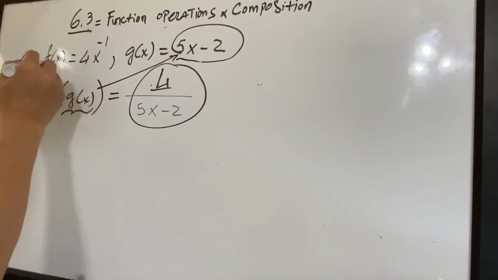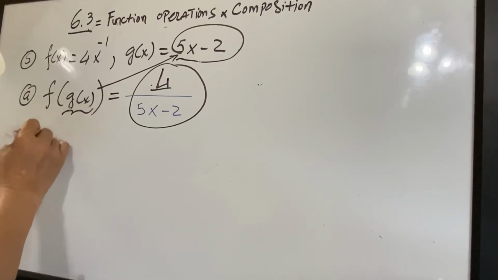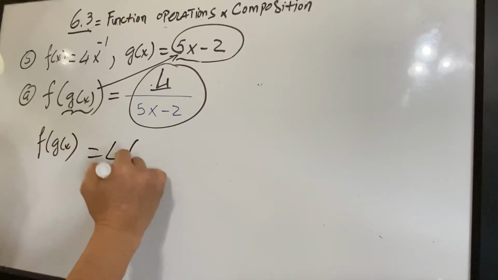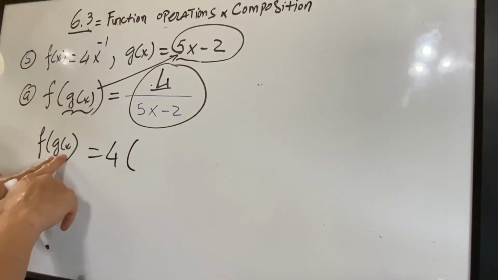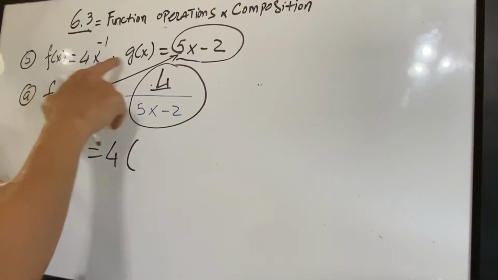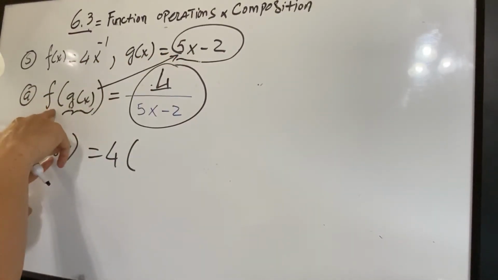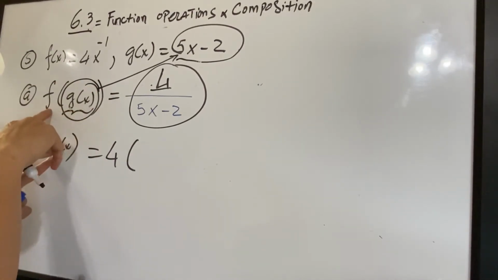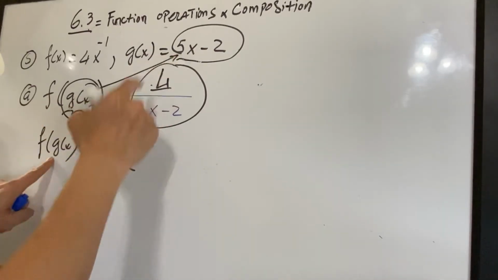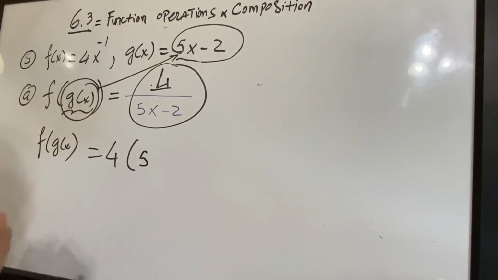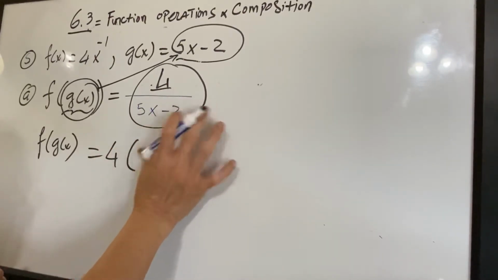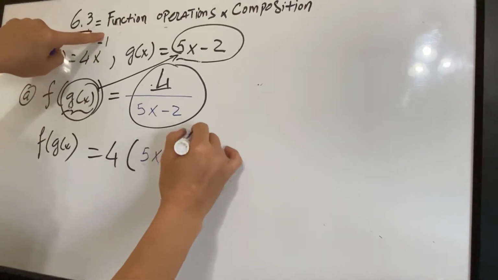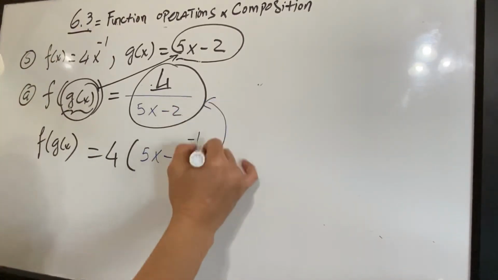Look, let me do another way for you. f of g of x, same thing: 4x to the negative 1. But your x right now is being substituted because you are asked to do f of g of x. This is the new variable for f right now. So it is a function, so plug it in: 5x minus 2 to the negative 1. These are both equivalent, just so you know.